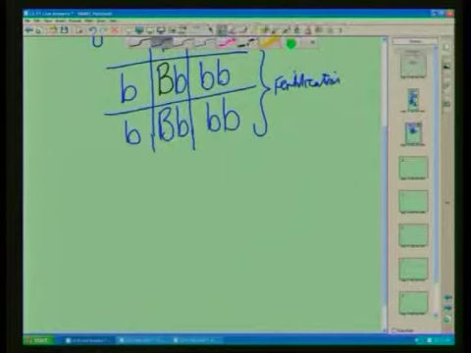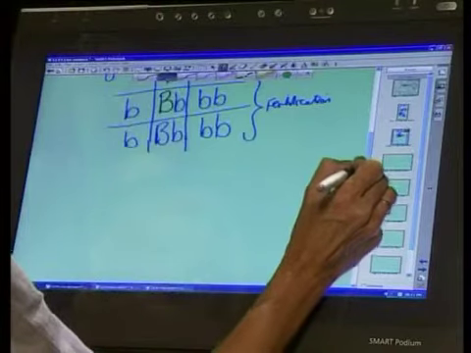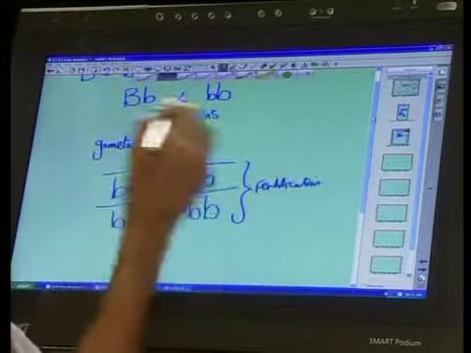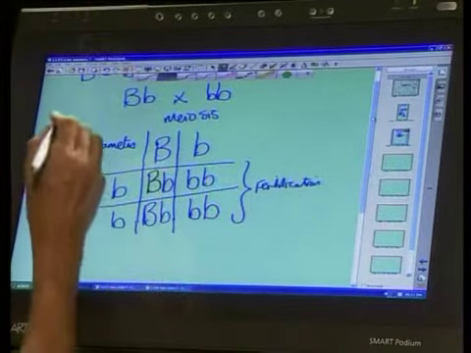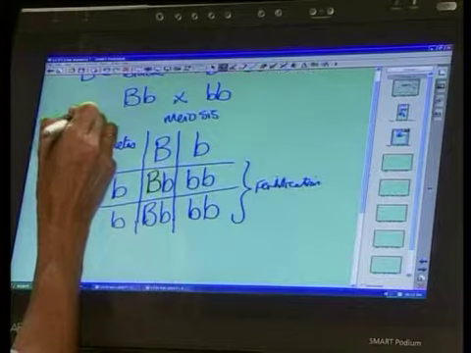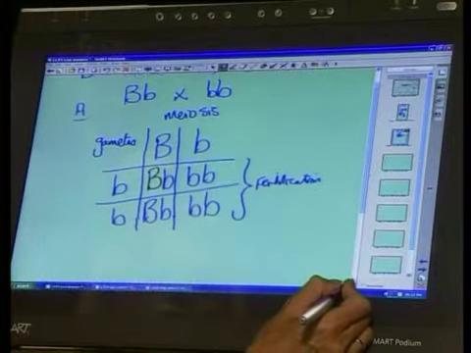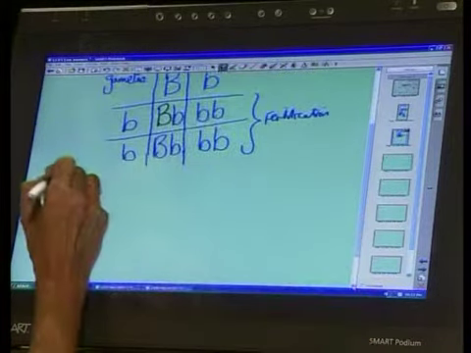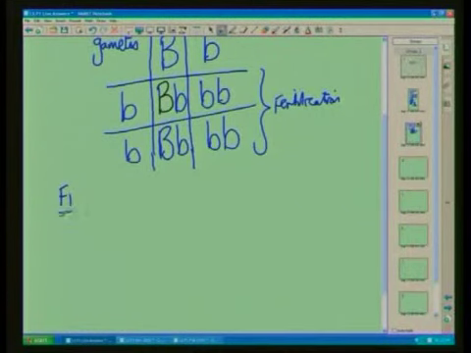Remember, this is our P1, our first set of parents that we are calculating at the moment. So now we move to F1, our first filial generation.